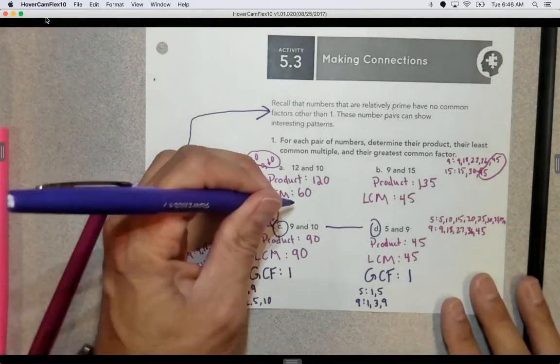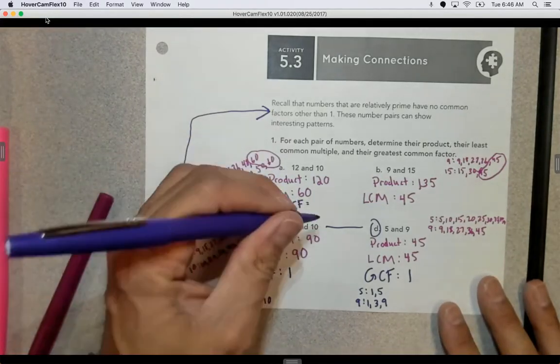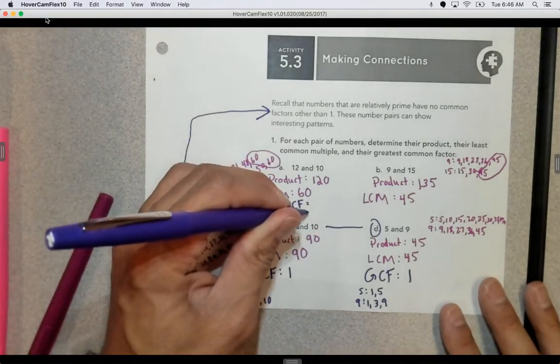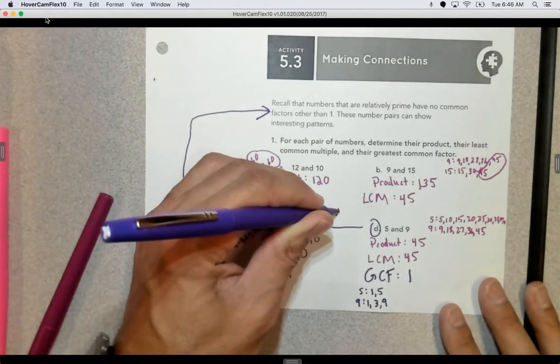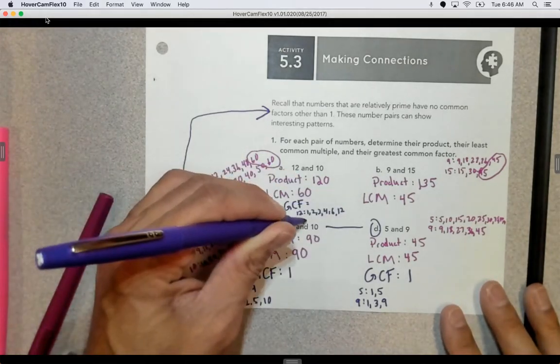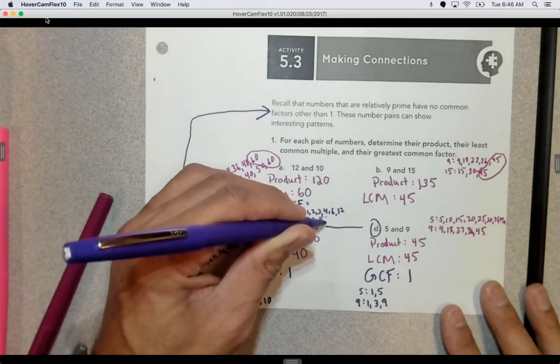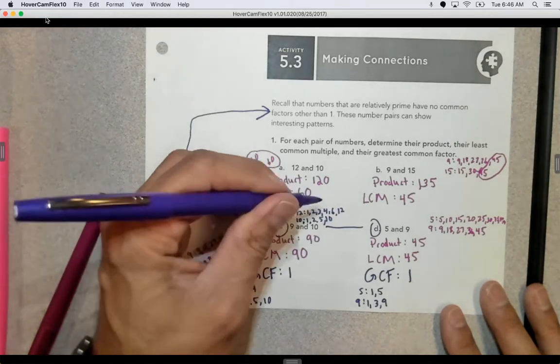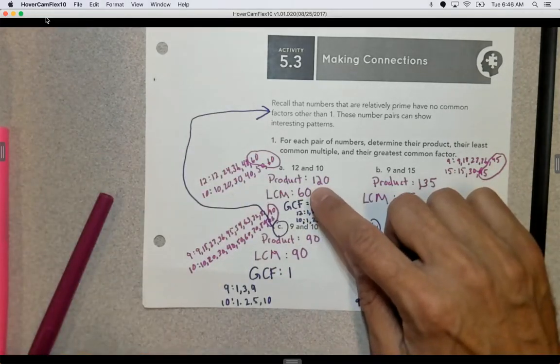GCF, let's see here. 12, the factors are 1, 2, 3, 4, 6, and 12. For 10, the factors are 1, 2, 5, and 10. The GCF here between these is 2, and 60 times 2 would equal 120. There's a connection between these.